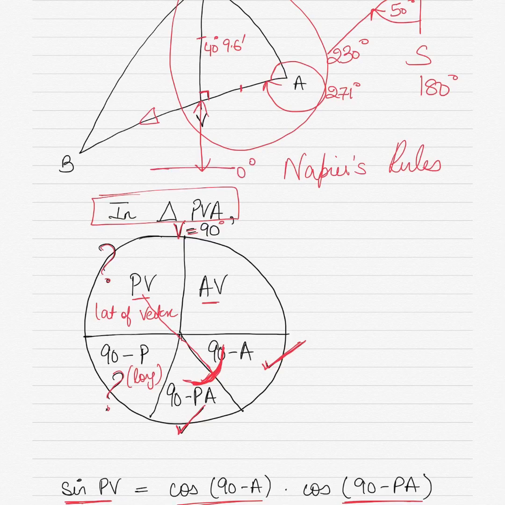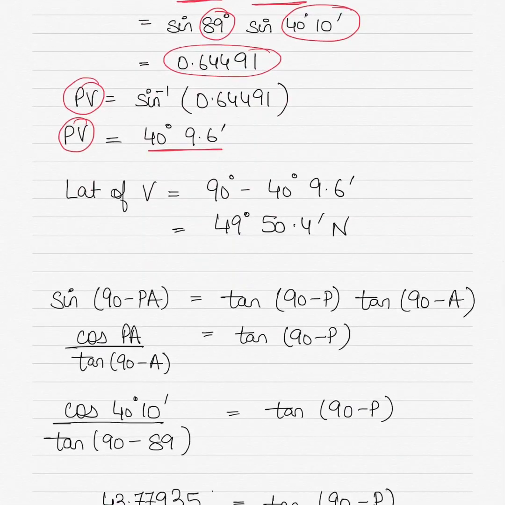So we'll subtract, 90 degrees minus PV. PV is the distance from the pole to the vertex, but to find the latitude, we have to find it from the equator to the vertex, and that is 49 degrees 50.4 minutes north. It cannot be south because both positions A and B are in the northern hemisphere.